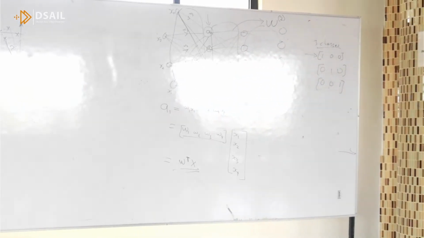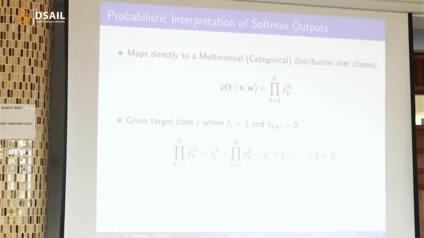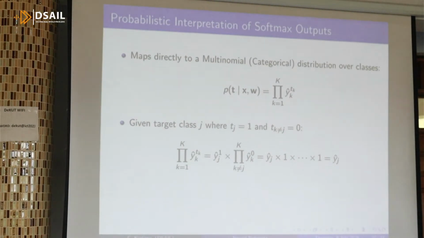Only one class is right. And you are raising this value y_k, which is your output, to t_k. So in this case, 1, 0, 0, t1 is 1, t2 is 0, and t3 is 0.